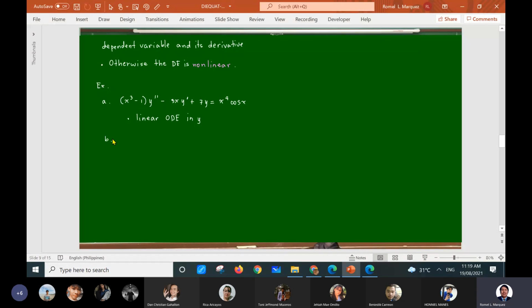Letter B. If I have, let's say, the fifth derivative of y with respect to x, plus 4 times the fourth derivative of y with respect to x, minus 5 times the third derivative of y with respect to x, minus 2y equals 0.